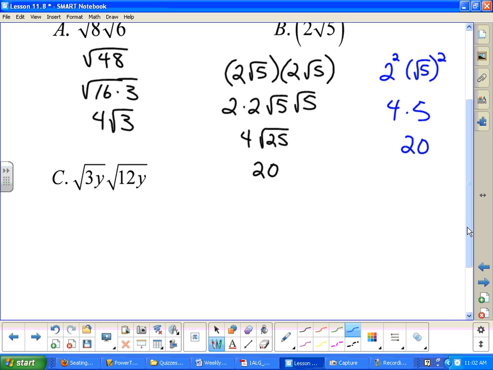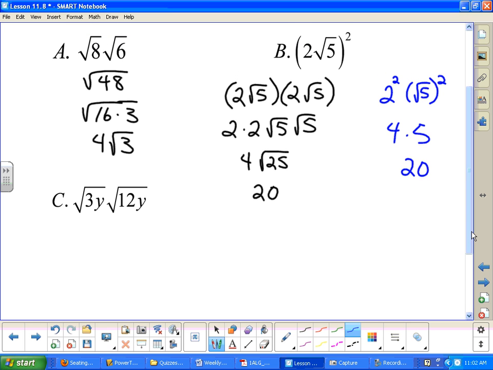Letter C. So both of these things we have the square root of 3y times the square root of 12y. So they're all under the radical. So when I'm done, I'm going to be under the radical.